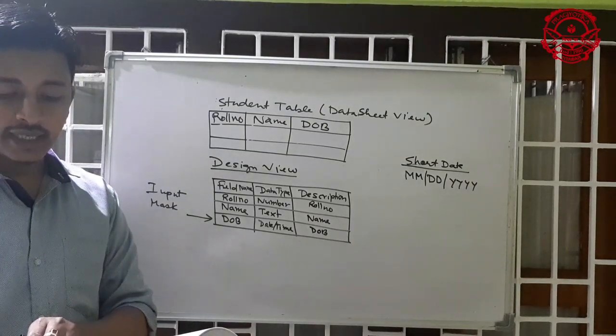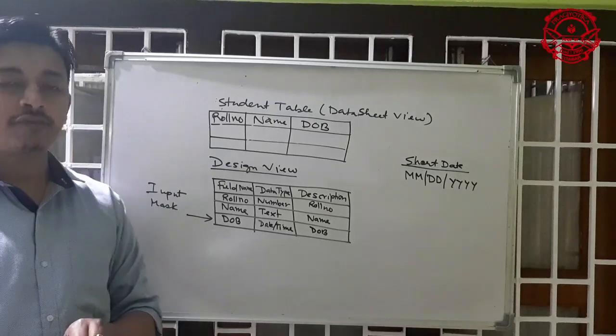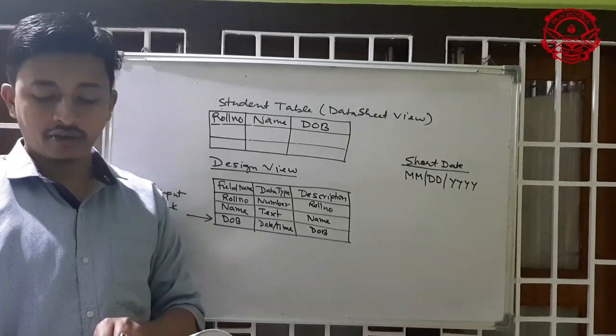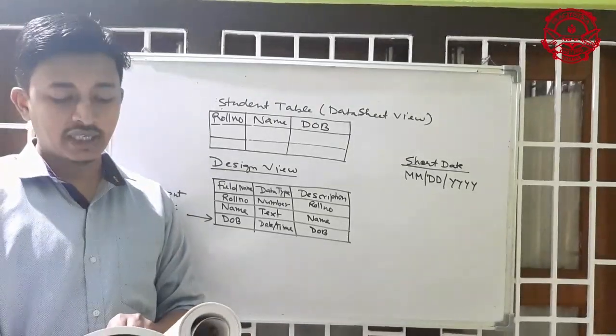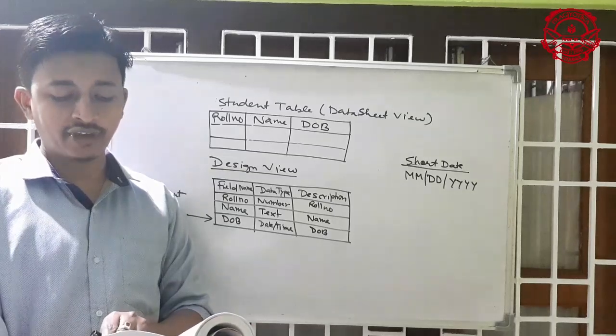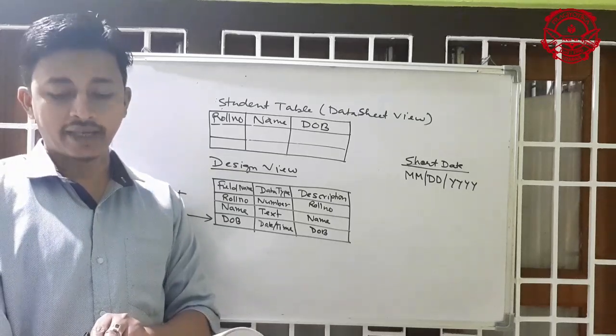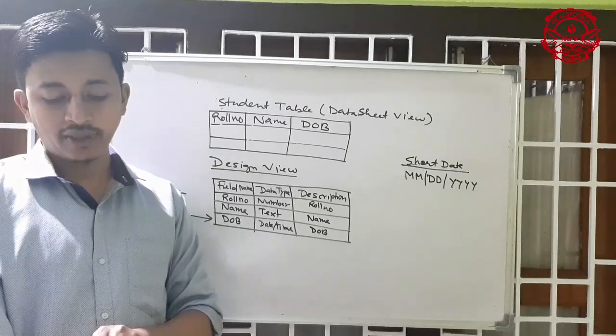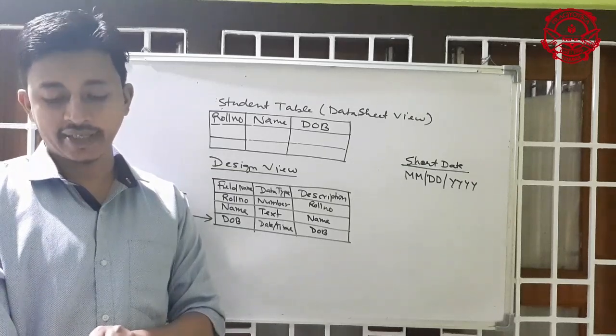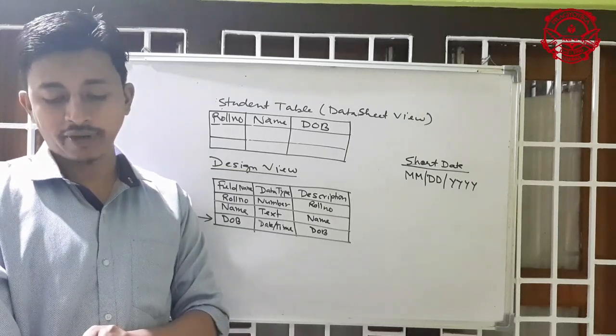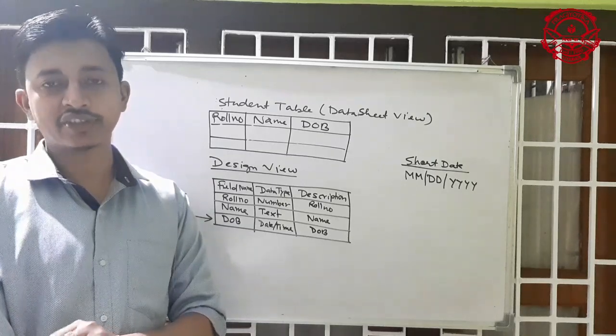an input mask can serve the following purposes. There are two purposes of an input mask. The first one is it forces you to enter the field value in a pattern like 999-99-99, or 1 2 3 4 5 4 5 5 5 6 3 3 2.